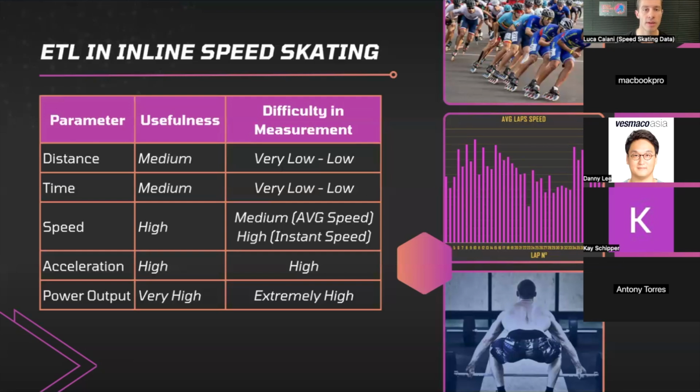Everything is about power in cycling, and it could be the same in speed skating, but measuring it is extremely difficult. There isn't a device for now that is able to do this computation for us. In the future, if we find a way to do it in a non-invasive way, it will be a game changer, of course.